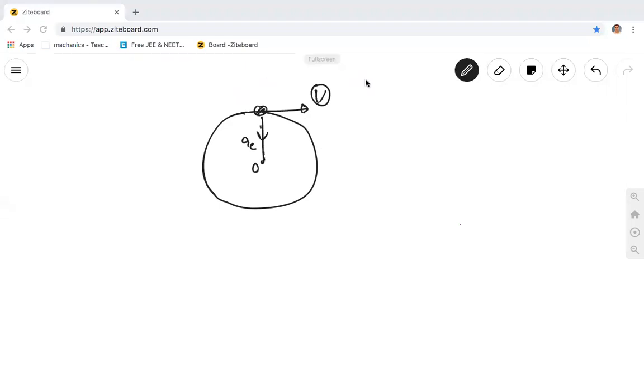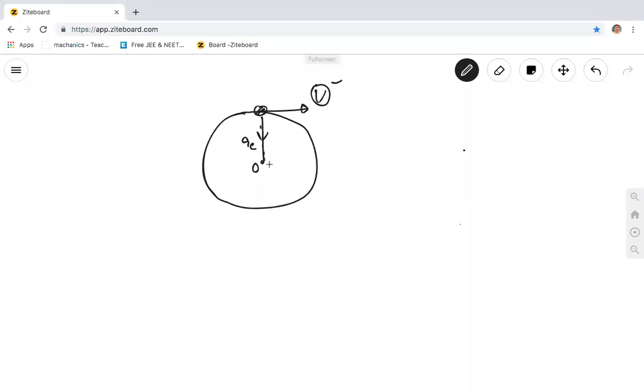When the speed was constant, tangential acceleration was zero, because tangential acceleration is the rate of change of speed.